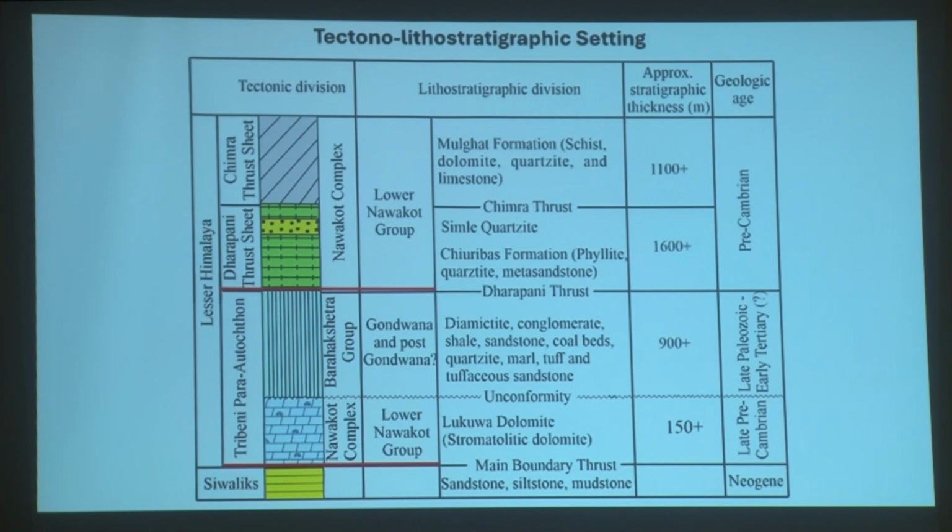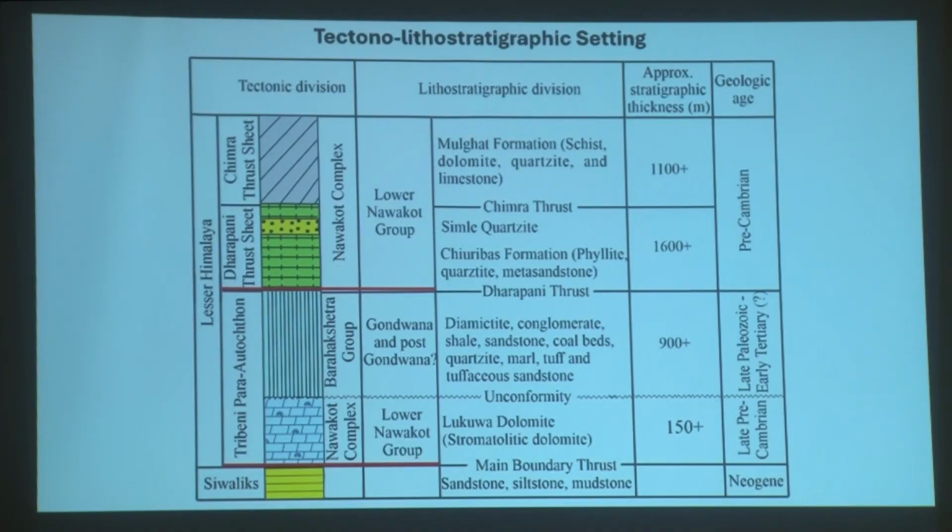This is the tectonolithostratigraphic setting of the Gondwana sequence of eastern Nepal. The Gondwana sequence unconformably overlies the late Precambrian dolomite of the lower Nawakot group, and it is bounded in the south by the main boundary thrust.